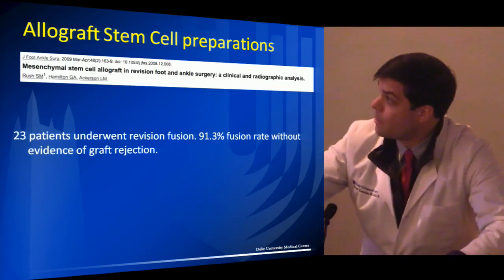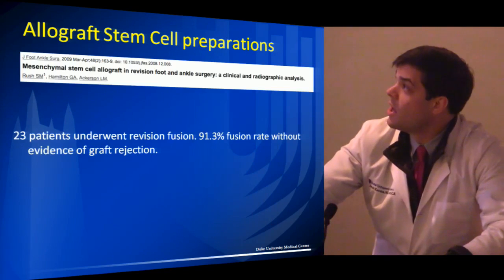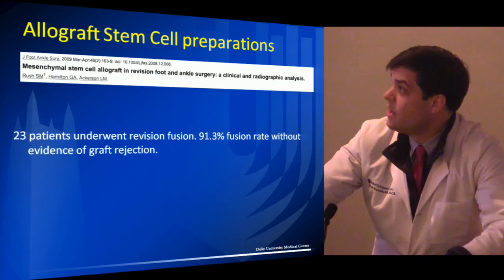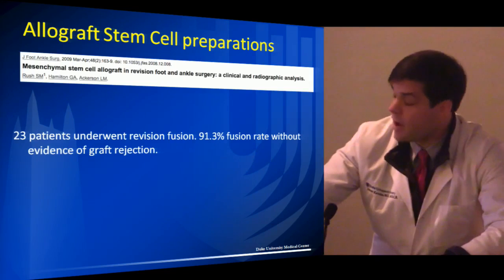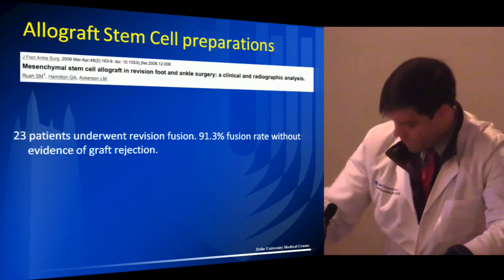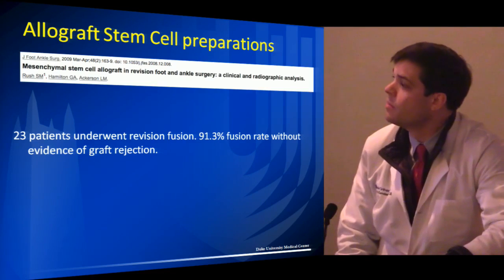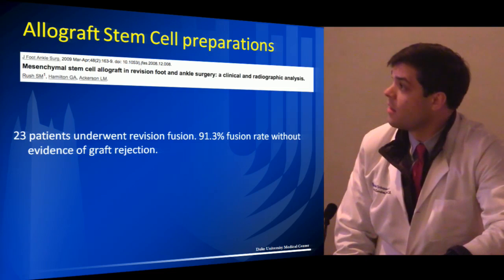And there are, again, pretty impressive results with this as well, 91% greater fusion rates without any evidence of graft rejection, which I think is probably a fairly significant finding considering that you're implanting allogenic cells into a fusion site. So you wouldn't want an autoimmune reaction there.